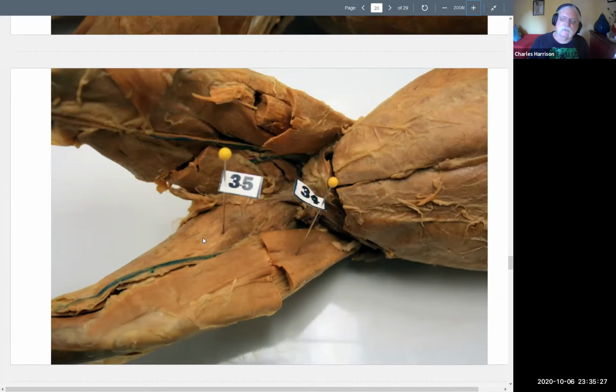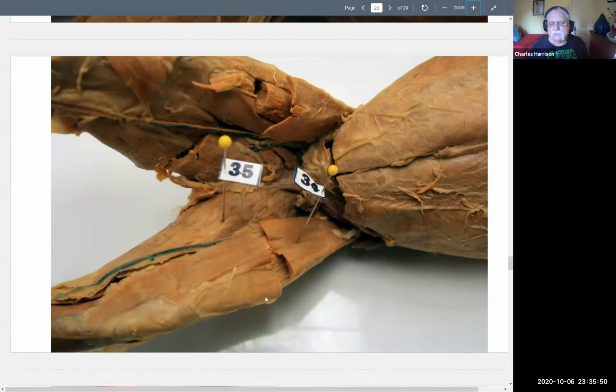Okay, this is the gracilis. What I was looking at is this up here. You know, does it flop down here? They got the wrong muscle labeled? No, they've got it correct. This is the gracilis. The gracilis and the sartorius cover the upper inner thigh.